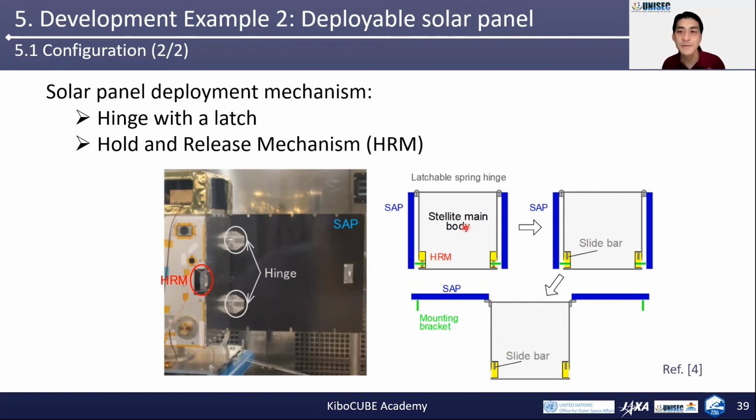This is a side view. There are 2 solar panels, and the HRM holds the bracket on the solar panel. By sliding the bar in the HRM, the solar panels are deployed by torsional springs in the hinges. And the hinge is latched at the right angle here.